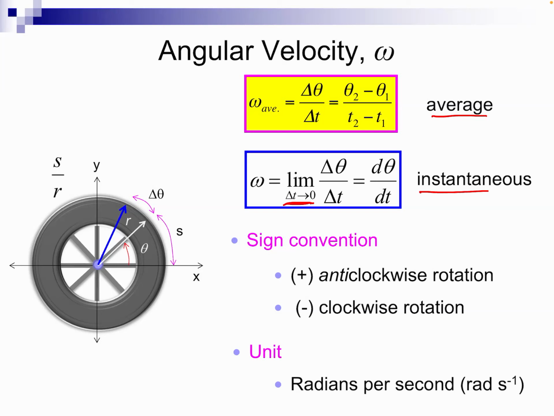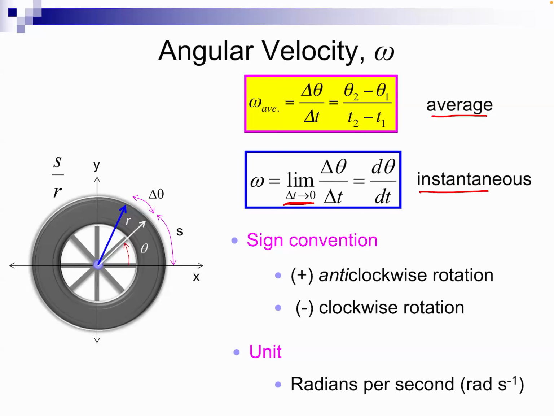All right. Okay, sign conventions. As before, when we talked about velocity, velocity is a vector quantity, so we have to indicate the direction. The convention we used was that to the right and upwards is positive velocity. If the object is moving along a straight line to the right, we say that its velocity is positive.